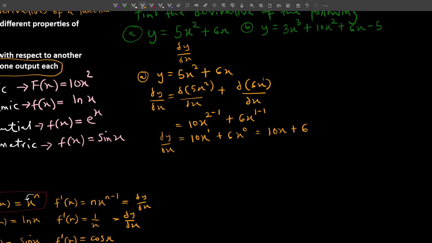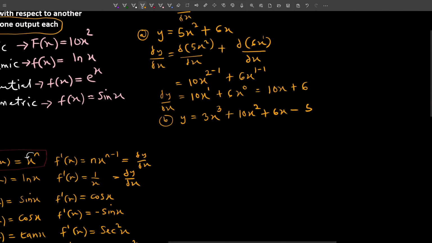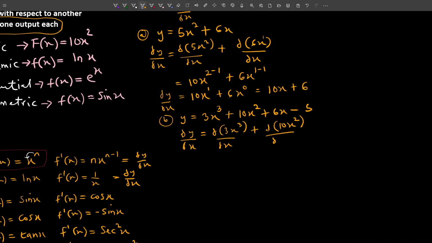So the other question: y equals 3x raised to 3 plus 10x squared plus 6x minus 5. Again, we're asked to find dy dx. So dy dx means that we're differentiating 3x raised to power 3 with respect to x, and differentiating 10x squared with respect to x.